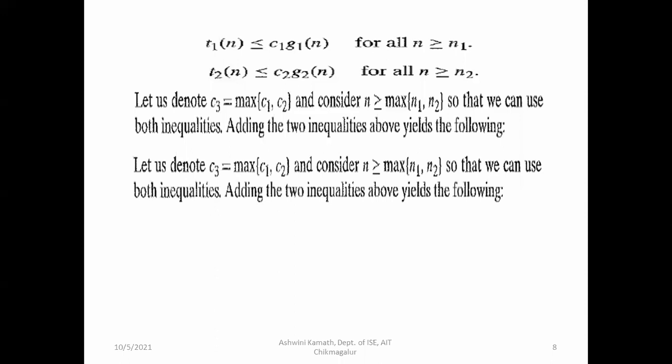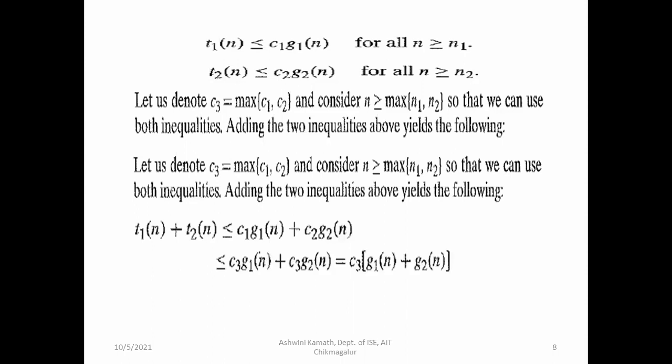Adding the two inequalities above yields the following. When we add these two inequalities, T1 of n plus T2 of n is less than or equal to C1 into g1 of n plus C2 into g2 of n, which is less than or equal to C3 into g1 of n plus C3 into g2 of n.